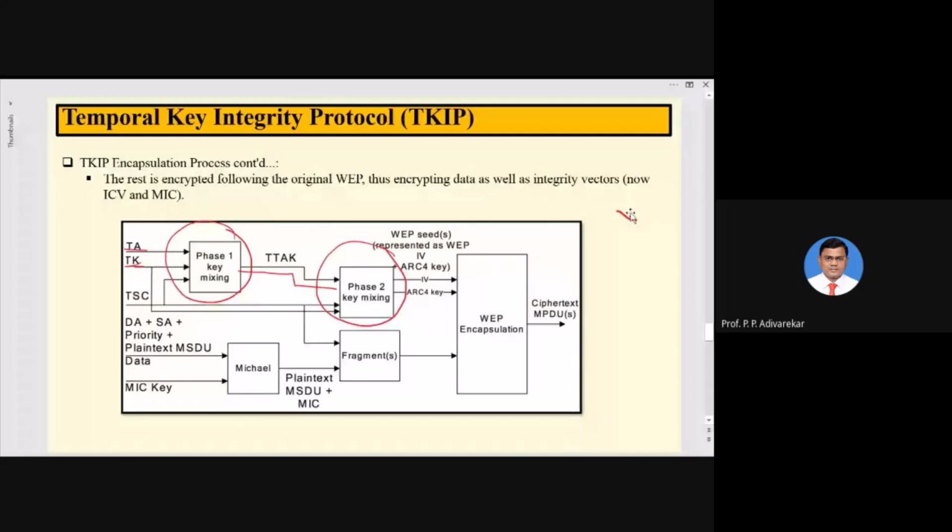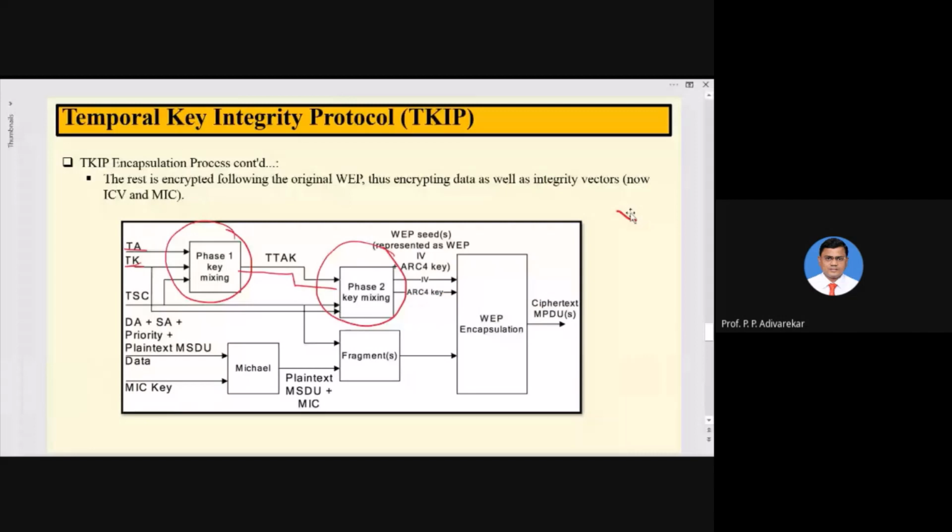This will be refreshed every time there is a change of session, or every time there is a change of packet, as we saw yesterday in the duration of changing of this key. Now this key is given to the second phase.